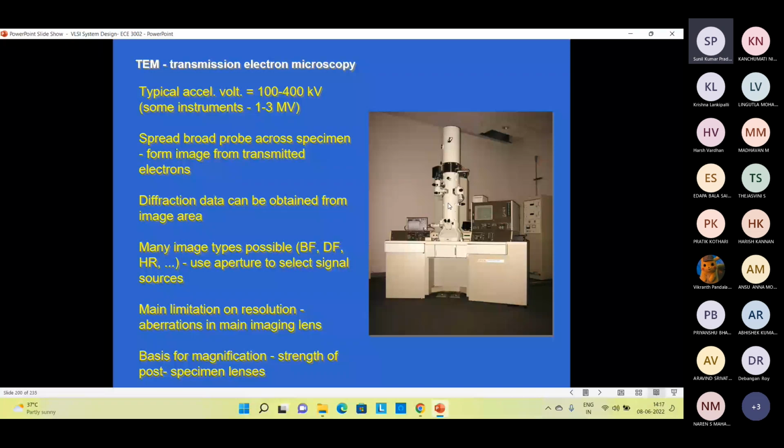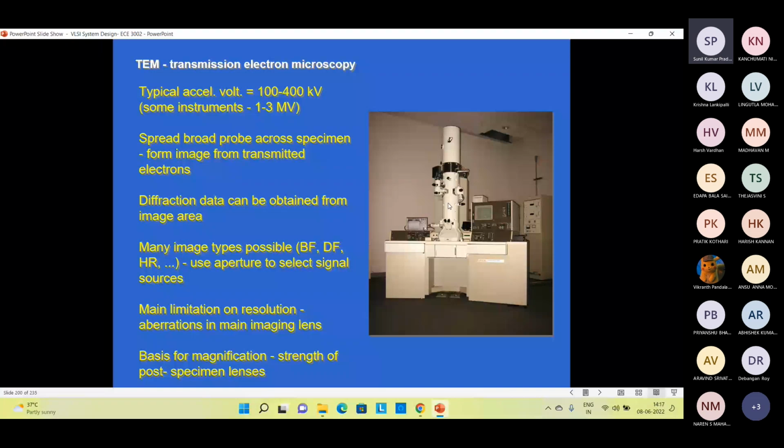in the transmission electron microscope, and the typical oscillating voltage is a minimum of 100 kilovolts, because that is the minimum requirement. If you can see, the electron gun has an oscillating potential of up to 400 kV, so that is also quite possible.